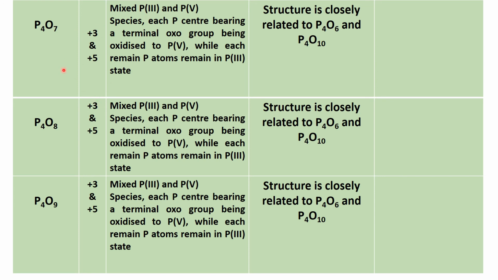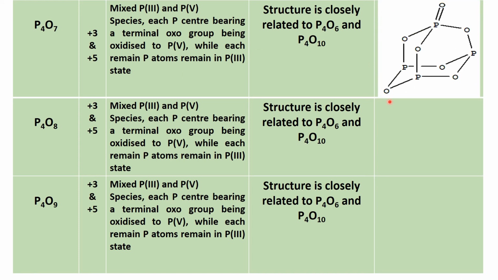Each phosphorus center bears a terminal oxo group, as the structure shows. Here one phosphorus contains a terminal oxo group, being oxidized to phosphorus in the +5 oxidation state, while the other three phosphorus remain in the +3 oxidation state. The structure is closely related to phosphorus pentoxide, that is P4O10.